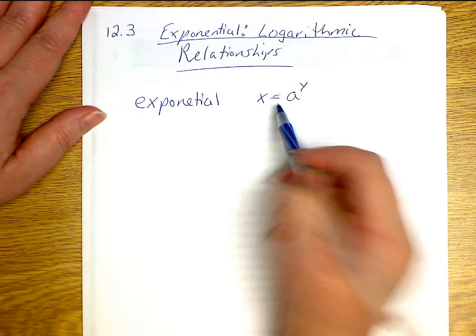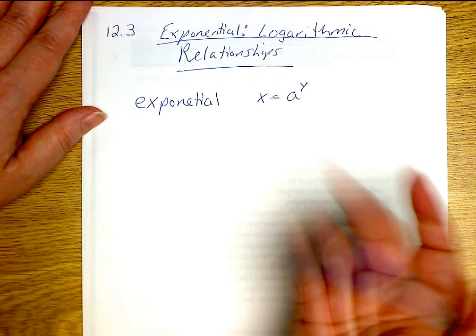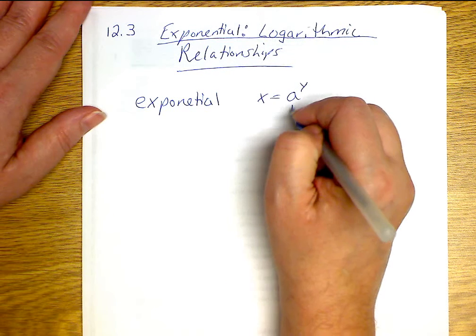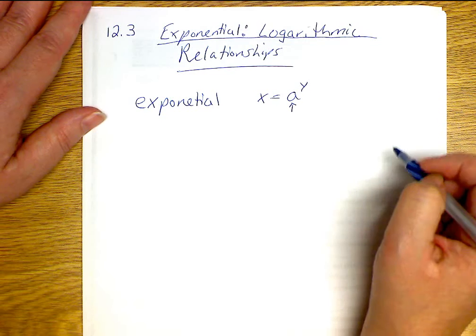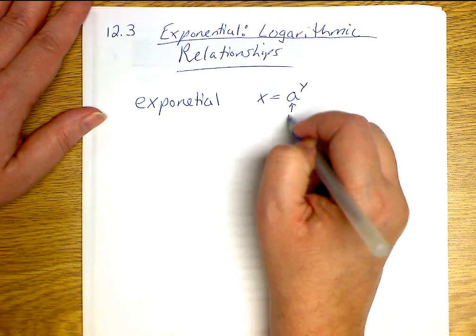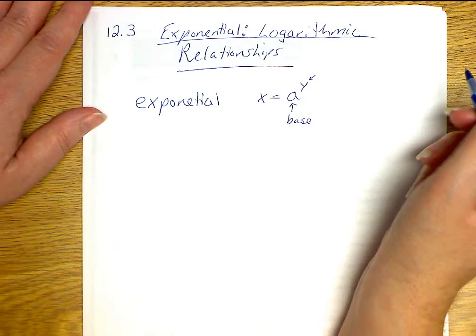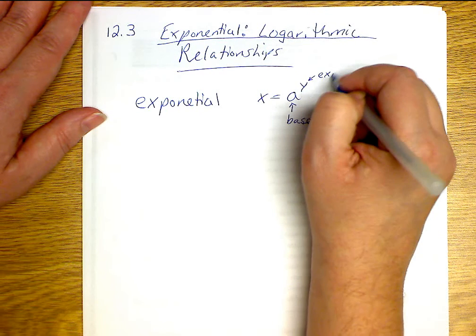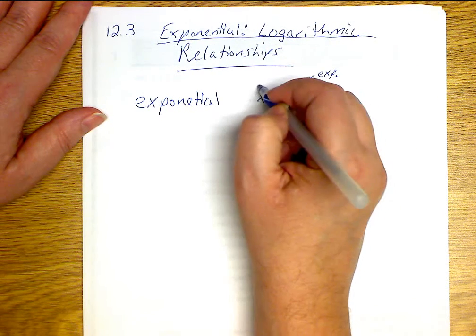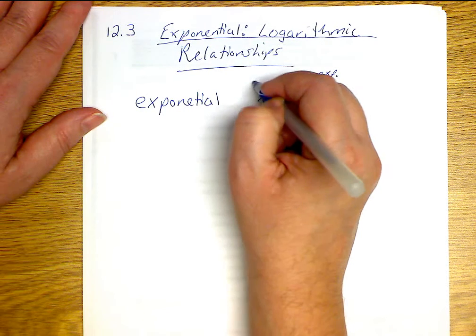You can reverse them, remember, that doesn't matter. What is the a called? Base. What is this called? Exponent. And this is obviously my answer.